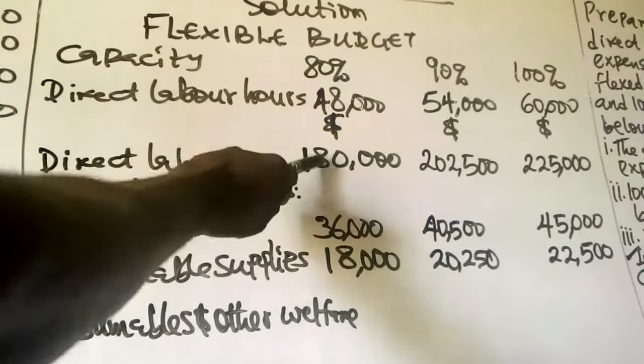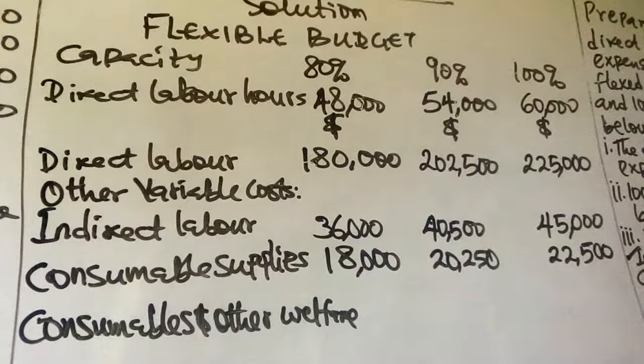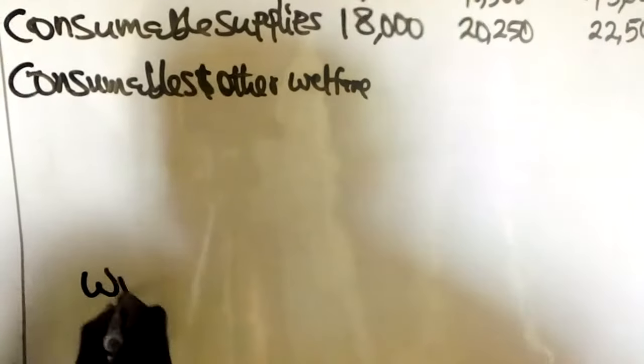Your direct labor, you have 180,000. This is working.